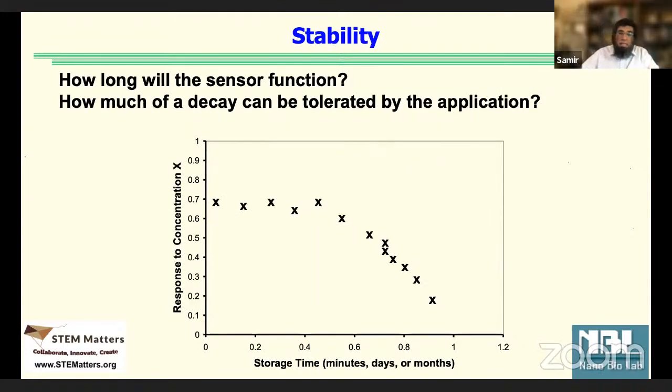This can cause errors in the measurement, and we would think we are getting some concentration while it is actually measuring a totally different concentration. So it would affect the precision and accuracy of the biosensor. This is another crucial factor.